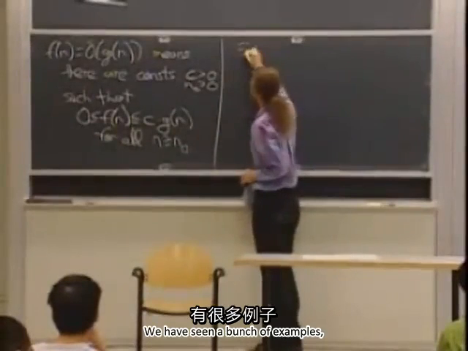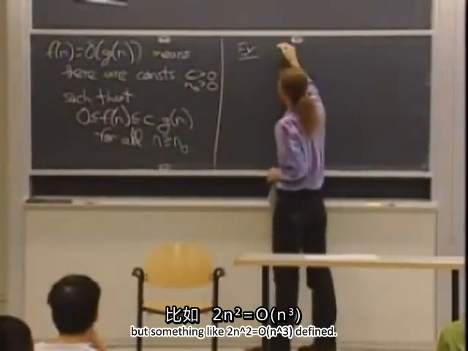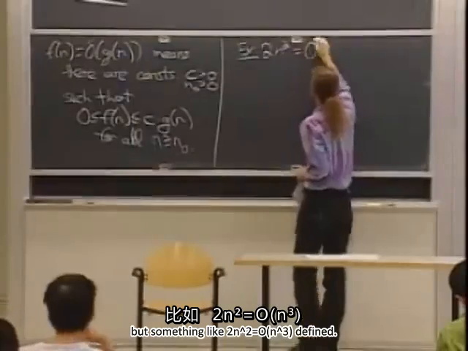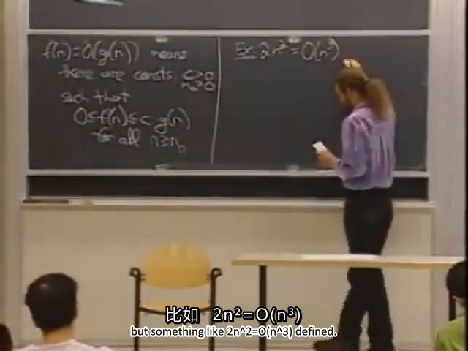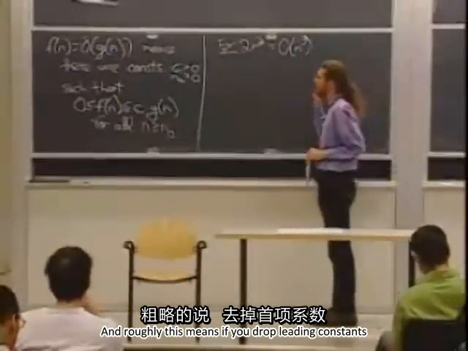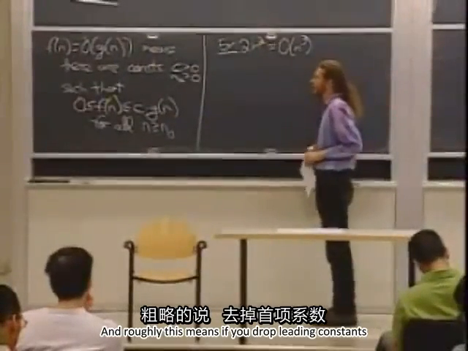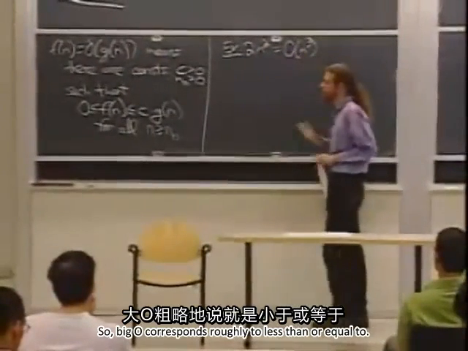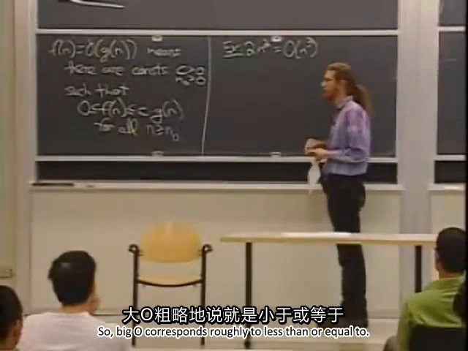We've seen a bunch of examples, but something like 2 times n squared is big O of n cubed. Roughly this means if you drop leading constants and lower order terms, then this is less than or equal to that. So big O corresponds roughly to less than or equal to.